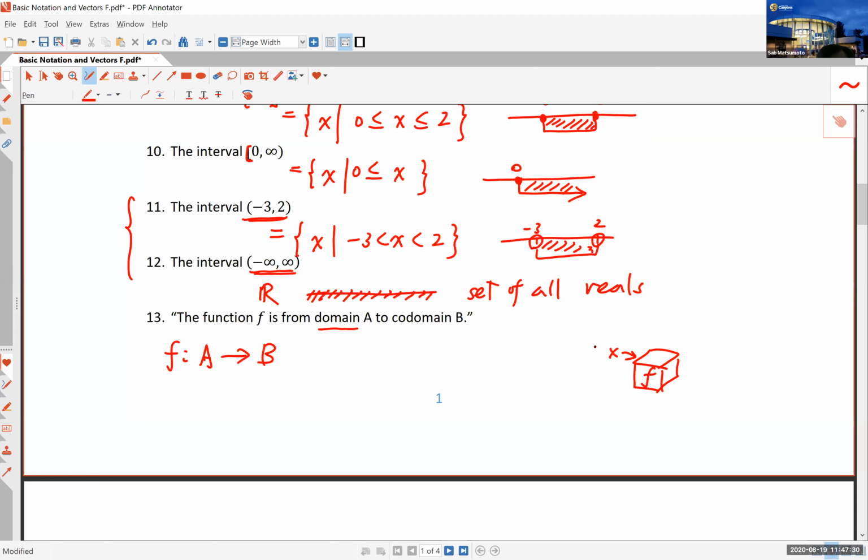That set is called the domain. And then what comes out is very specific to x, and f does a very specific task, whether it's squaring x, adding 1 to x, or taking the inverse of x, whatever. What comes out is called f of x. The set of all of these is called the range.